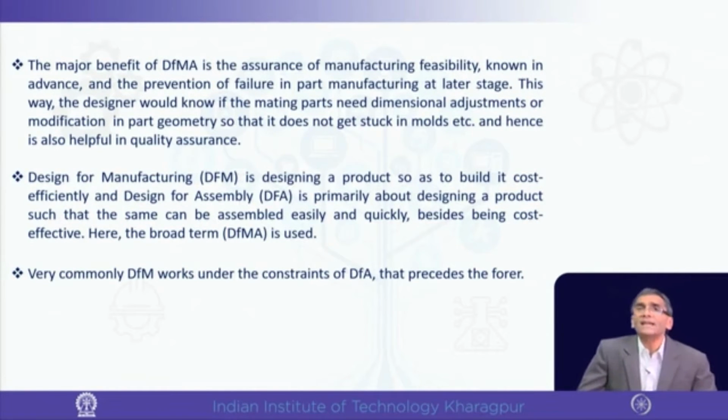Similarly, designing for manufacturing is DFM, and designing for assembly is DFA. DFM and DFA are primarily targeted at cost containment or reduction, which gives the competitive edge, besides ease and proper quality.